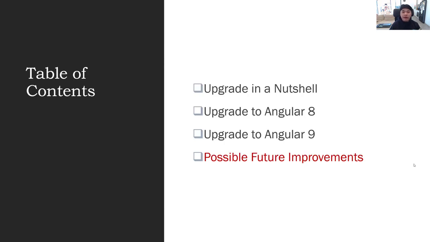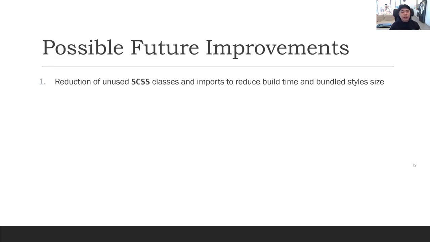It's pretty straightforward. And for the possible future improvements, if we can reduce the number of unused CSS classes and imports, this could speed up the build time, and it can also reduce the bundled style size.